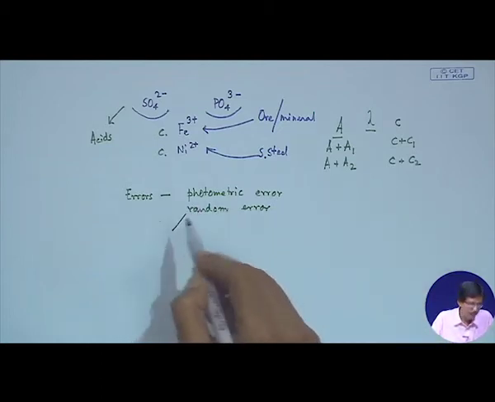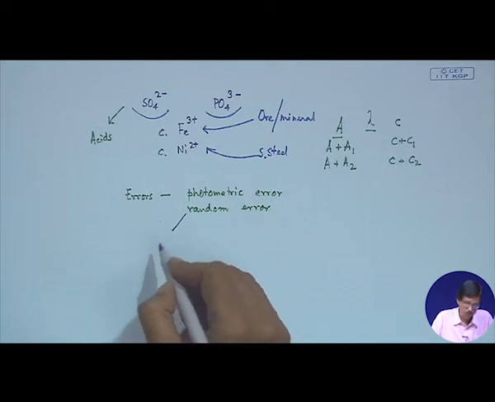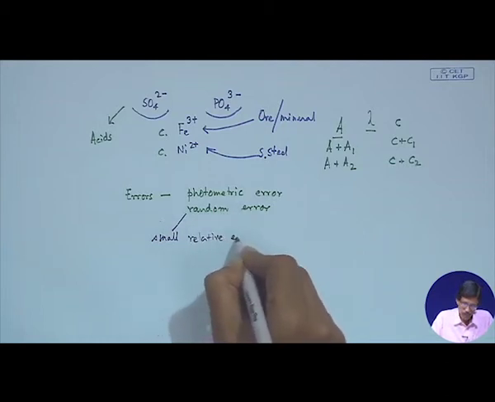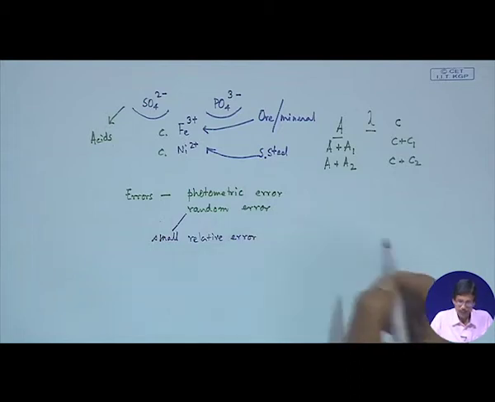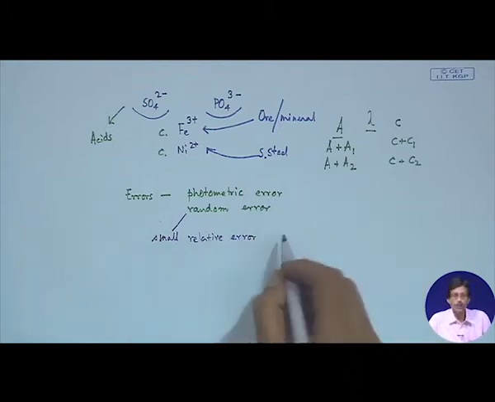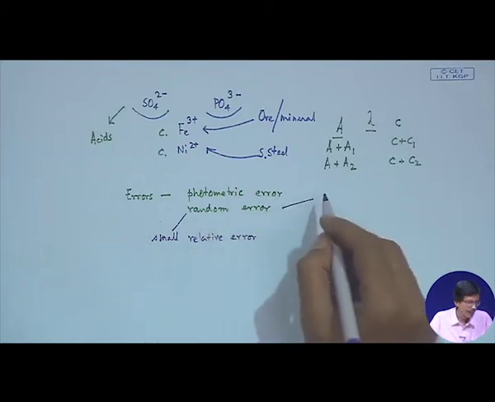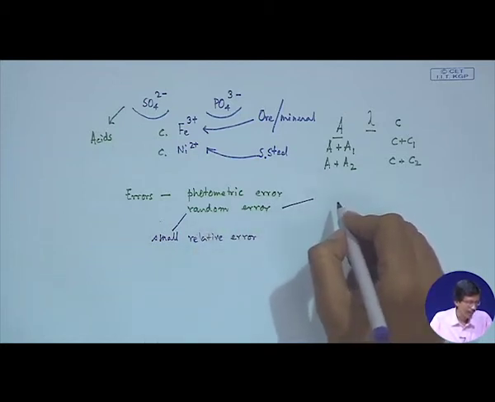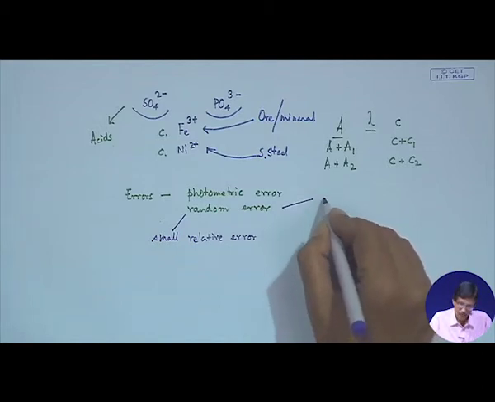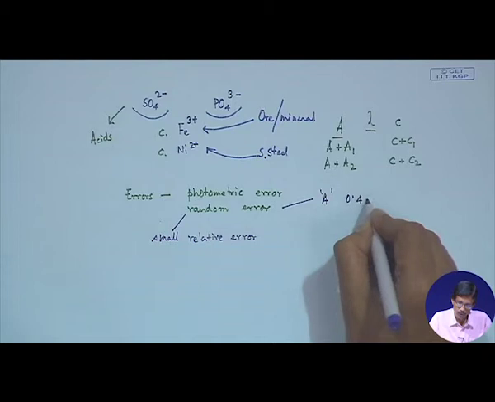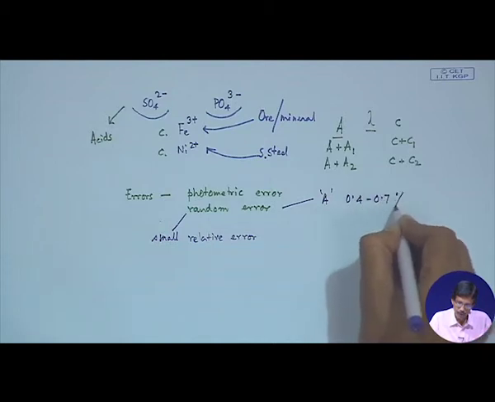So, this random error is very small. This is a small relative error, and it has some relationship with your typical procedure. This random error can tell us that if we have a corresponding absorbance value, that means the A value, we can measure in the range of 0.4 to 0.7.